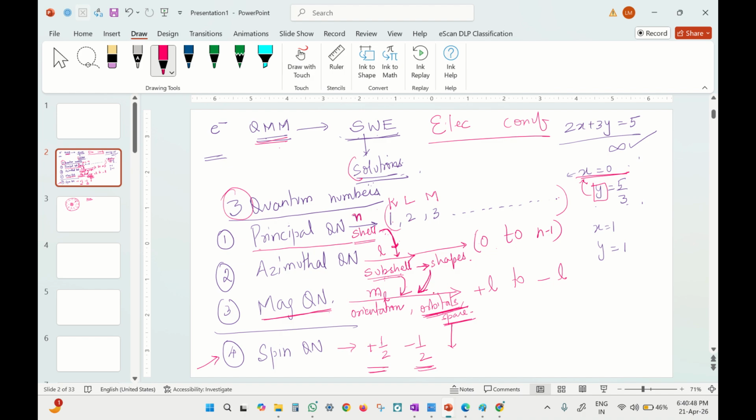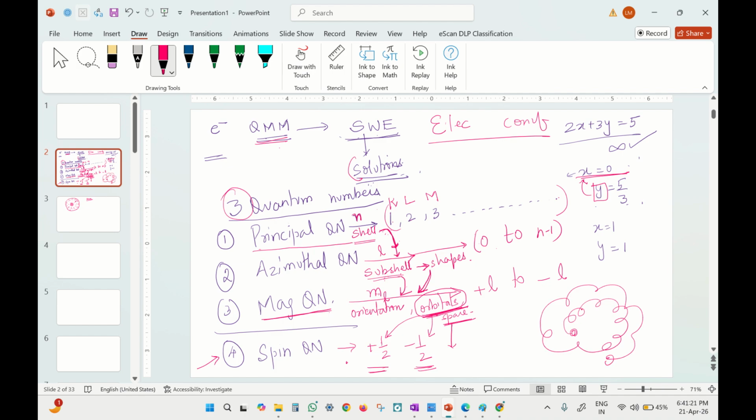I should be able to identify which electron is which. So I assign one electron plus half spin and another electron minus half spin. Why? Because an electron is not simply a dot. It's a charged particle and it keeps spinning and revolving around the nucleus. So in an atom, it has a spin, plus it also has a revolution around the nucleus.